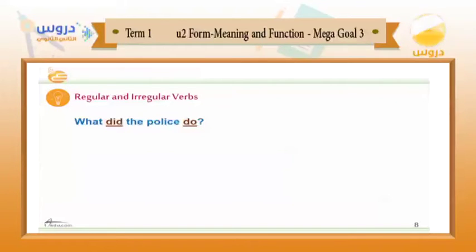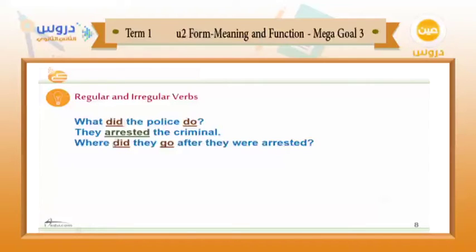We have some regular verbs and irregular verbs. For regular verbs we add ed, like arrested. So the present of this word is arrest without ed, but we add ed to say that this happened in the past.